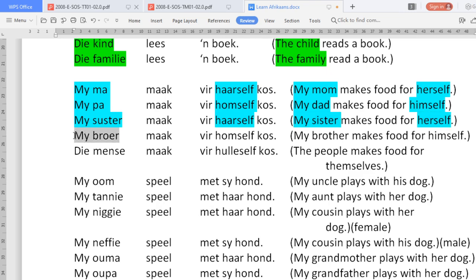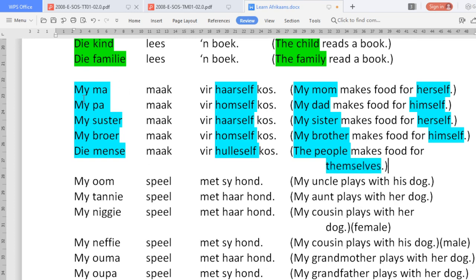My broer maak vir homself kos. My brother makes food for himself. Die mense maak vir hulle self kos. So the people make food for themselves.